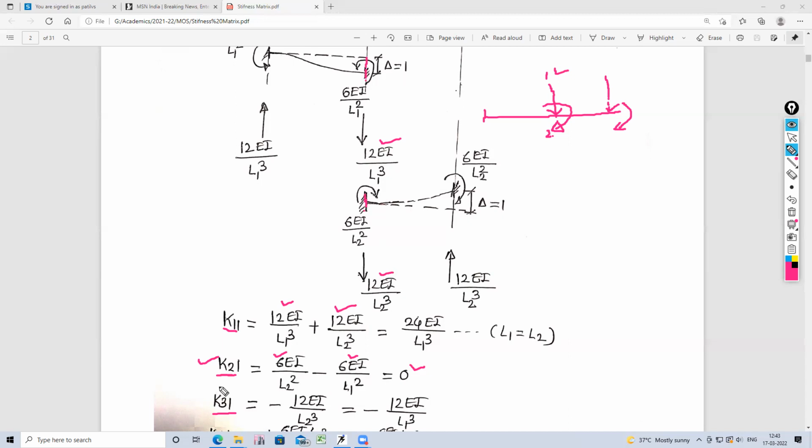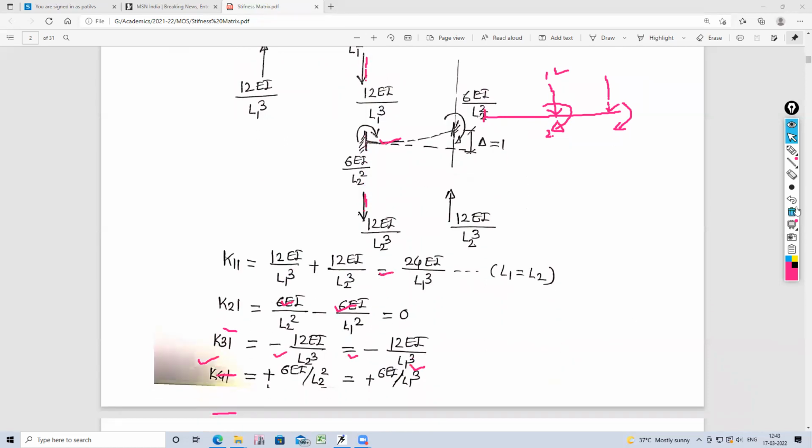Then K31. What is our element 3? Element 1 is here, 2 is this, element 3 is this. Element 3 is a force.